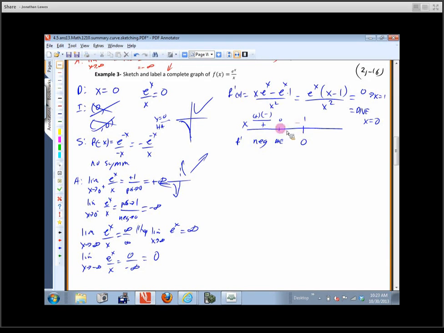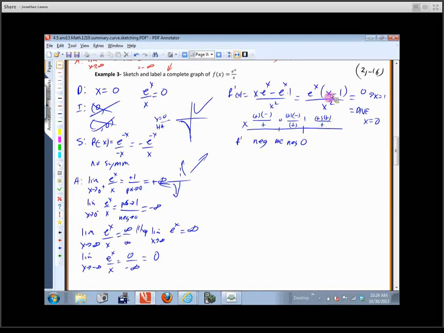Pick any number you want in between 0 and 1. That's still positive. The bottom's still positive. And if I plug in a number between 0 and 1, I'm plugging in a small positive number. If I subtract 1 from that, I get a negative. So this is negative. Any surprise there? Nope. Okay, plug in any number you want past there. Positive here, positive here, positive here.